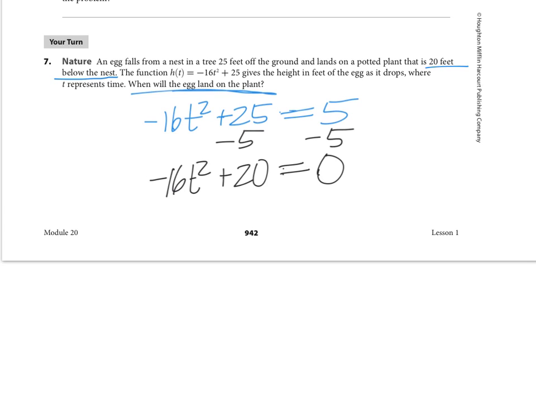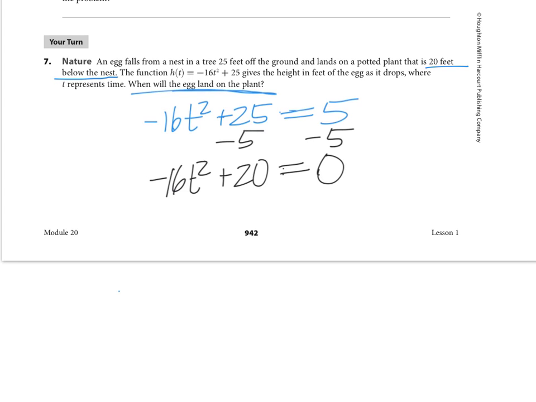And what we need to understand is the context of this problem. Remember, our x, or our t here, represents time. So if you find the intersection or you find the zeros, one of those is a negative. And negative is not applicable here because we are not using negative time. So all we're doing is trying to calculate the positive one.